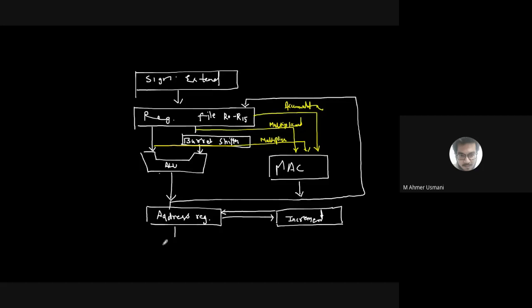And finally the address will be put onto the address bus. So this is your address bus over here. And from here you will also get the address and that will be put onto the address bus.